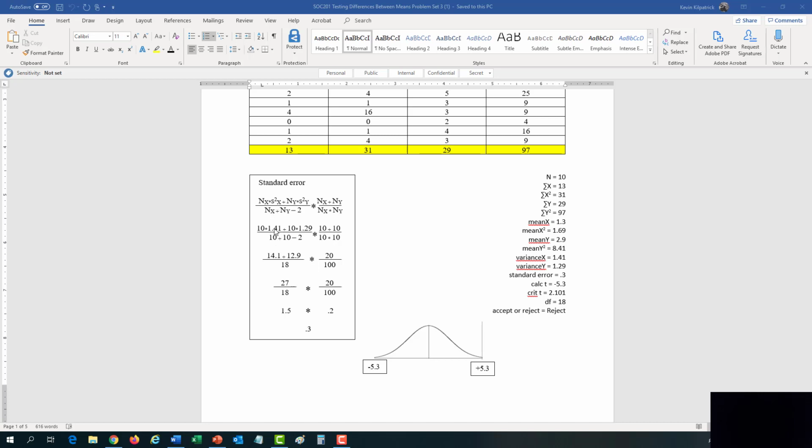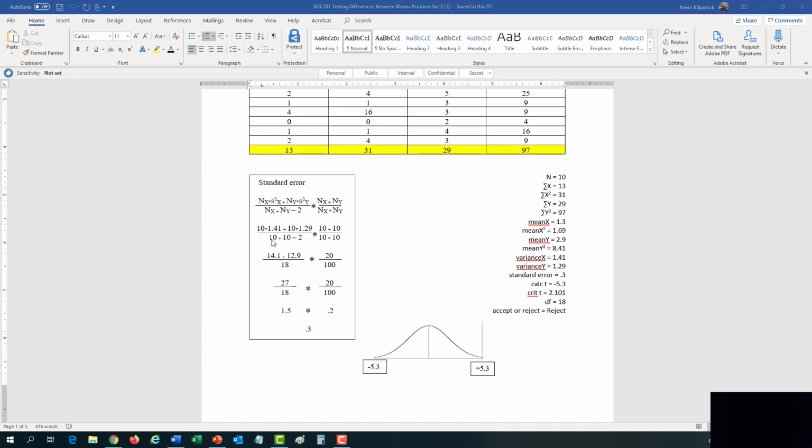The variance of x is 1.41. The variance of y is 1.29. And then all we have to do is just do the math, okay? So 10 times 1.41 is 14.1. 10 times 1.29 is 12.9.